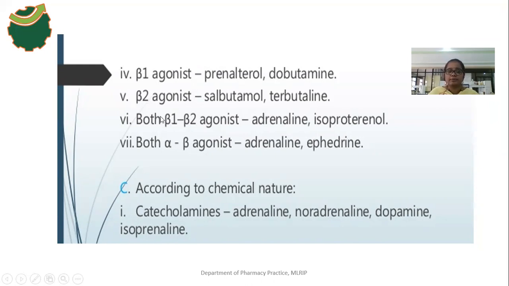Non-selective beta agonist examples are adrenaline and isoproterenol. And the non-selective alpha and beta agonists are adrenaline, noradrenaline, and epinephrine.